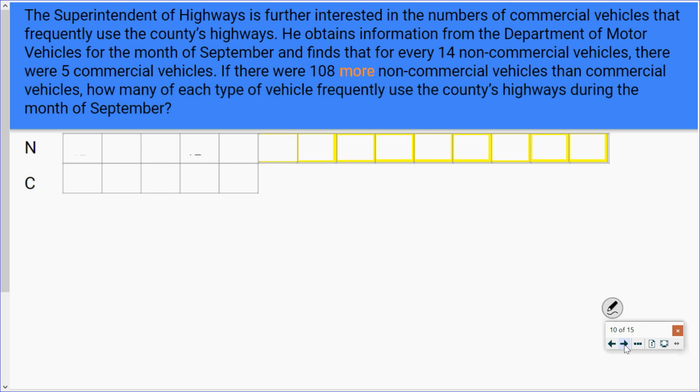The superintendent of highways is further interested in the number of commercial vehicles that frequently use the county's highways. He obtains the information from the Department of Motor Vehicles for the month of September and finds out that for every 14 non-commercial vehicles, there were 5 commercial vehicles.